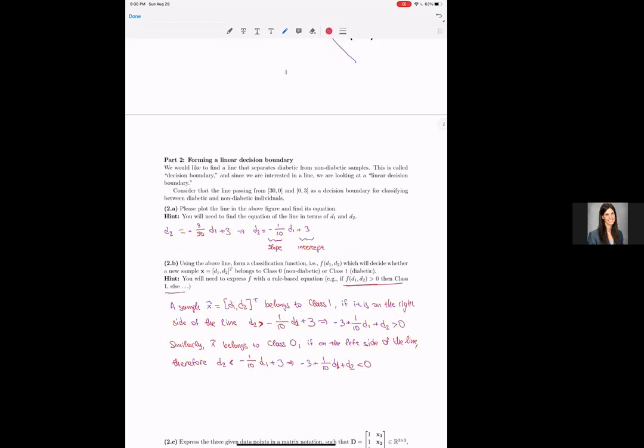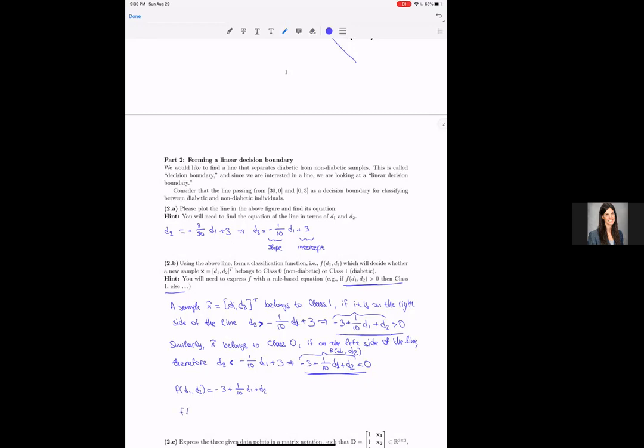So for this classification function, we can see that we have these equations here and these equations here. And this first part is very similar in both equations. This should be function f d1, d2. Therefore, our classification function would be f d1, d2 equals minus 3 plus 1 over 10 d1 plus d2.